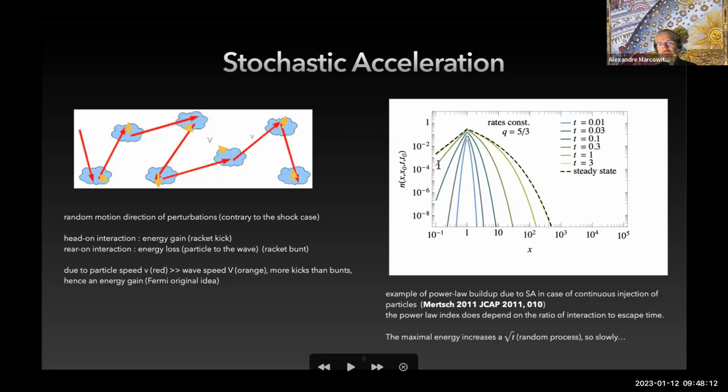You have some particles losing energy because of this racket burn effect, but more particles gaining energy, and with time you build up a power law with a square root of time. So it's a very slow process, and you need a very long time for particles to get accelerated. This was the generic problem of cosmic ray acceleration in our galaxy. This is mostly why this process does not work there, because it takes too long. But in clusters, it's a different story.